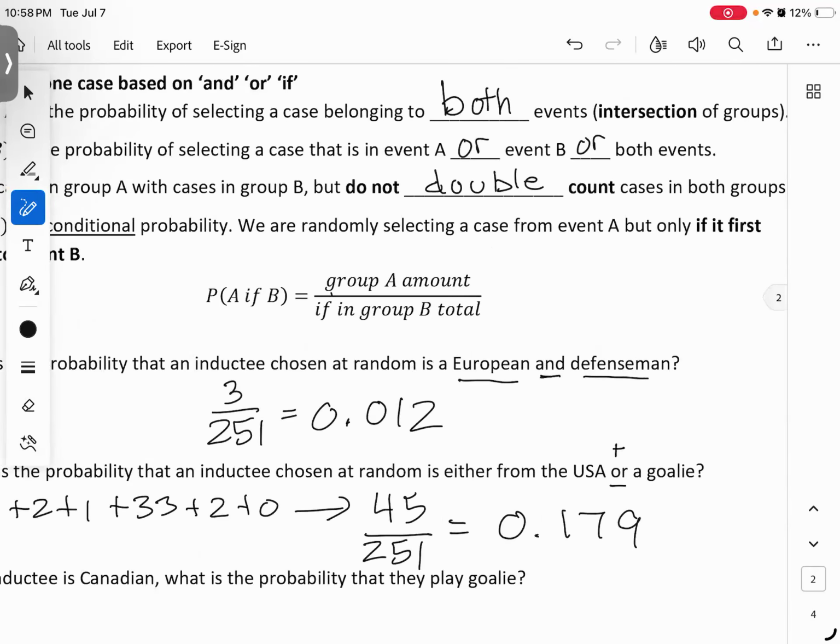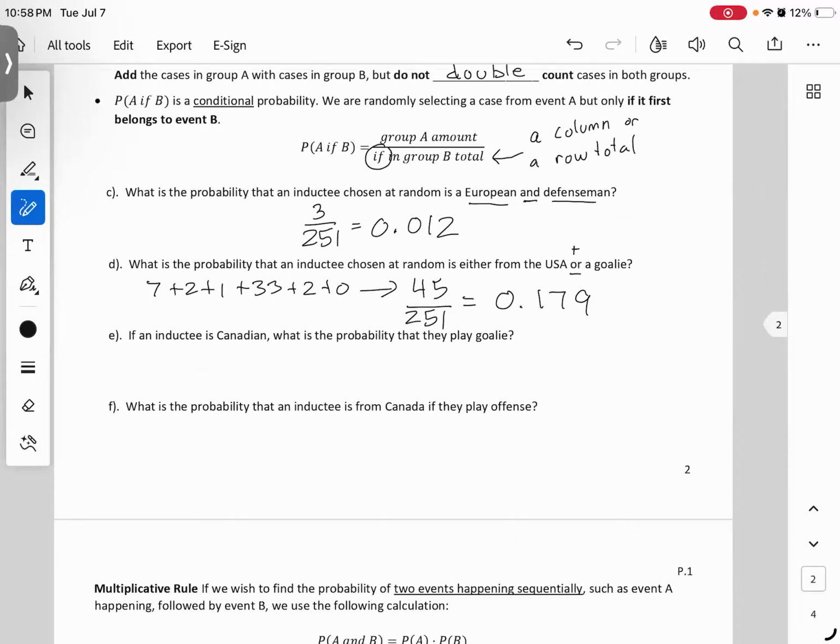And so that's going to be the word if. The word if is meant to trigger just a column or a row total rather than the whole entire big grand total.